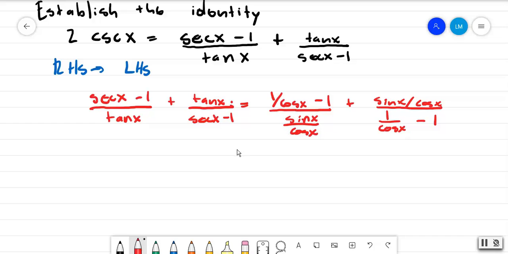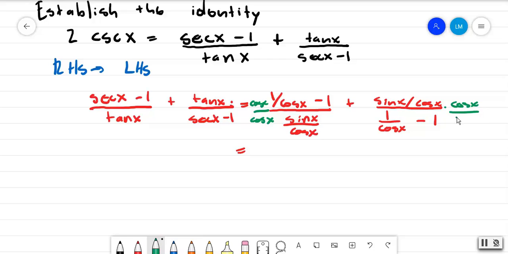So cosine of x and cosine of x, and over here, same thing.